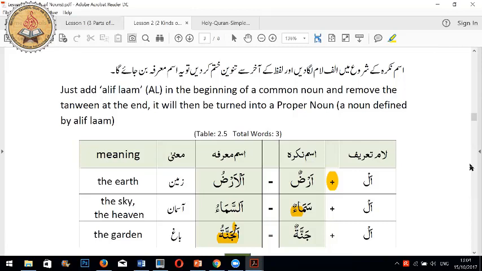Then the study of the Quran will become more and more interesting, useful and beneficial, and your mind will yearn to learn what is behind it, where the translation ceases to convey the message.